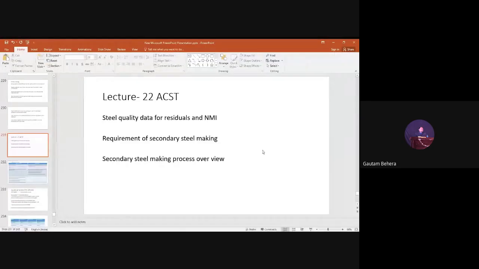If you remember in the previous lecture, economy is also important, because we have to produce steel at a very cheap rate so that the final cost of the steel will also be less.